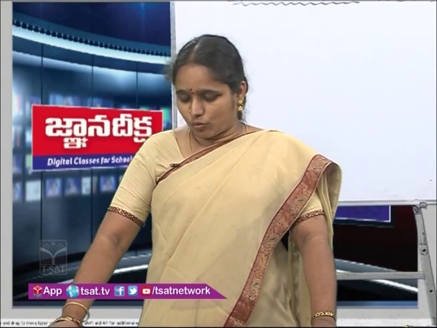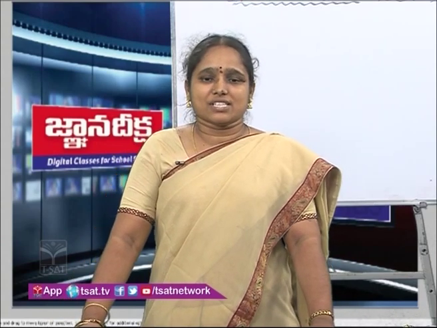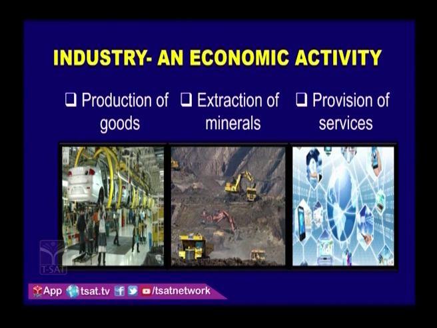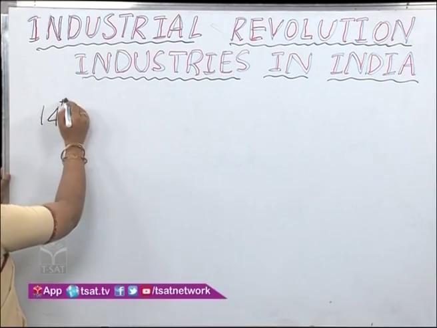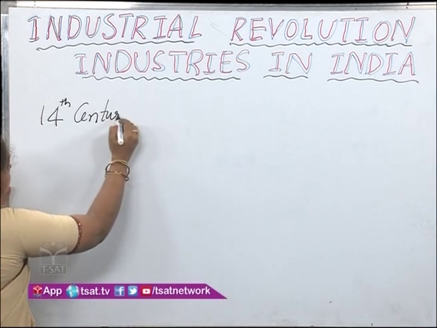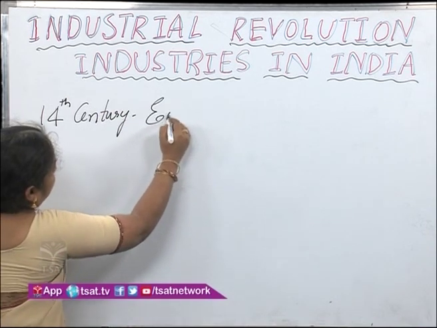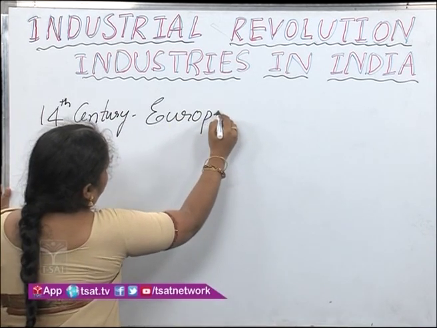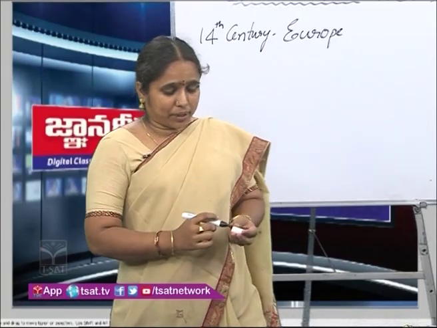So what is the story of this industrialization? I am sure you all would like to know where it originated, what its story is. The story dates back to the 14th century, and it is in Europe. So what happened there?